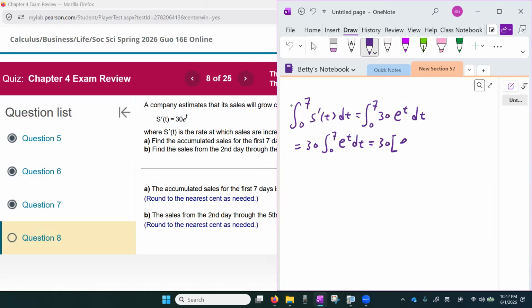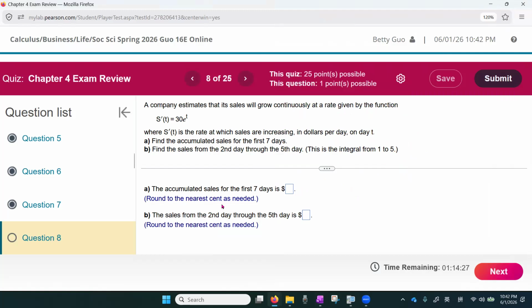The antiderivative is the same function, evaluated from 0 to 7. We're going to have parentheses minus parentheses. The first parentheses, we have e to the power 7. The second parentheses, we have e to the power 0. And that gives e to the power 7 minus 1. Nearest cent as needed.